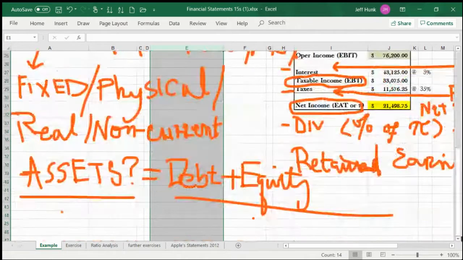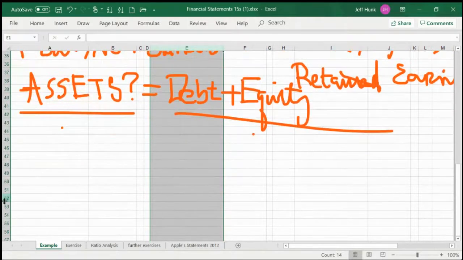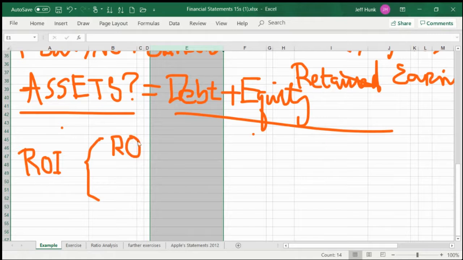But I want to wrap up, because the whole point is, how does this tie in together with return on investment? At the beginning of this lecture series, I said ROI in micro context, in other words, from the firm's perspective, are defined as return on assets and return on equity. So think about it.